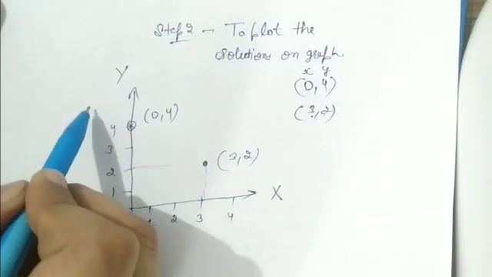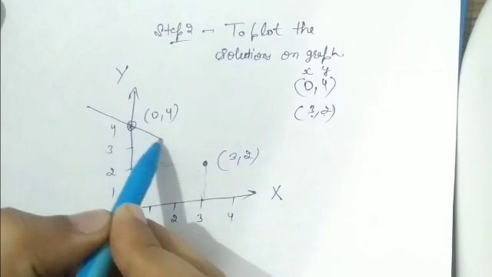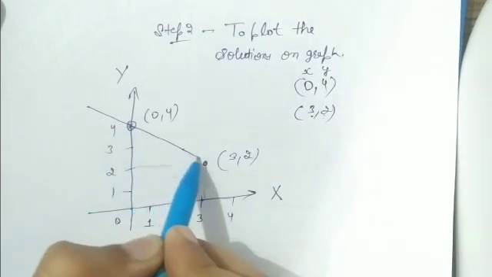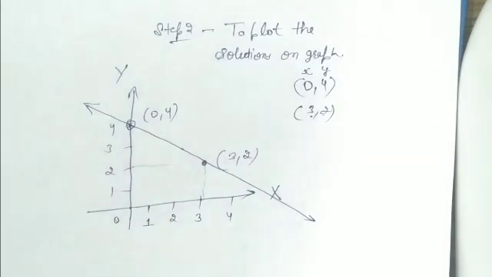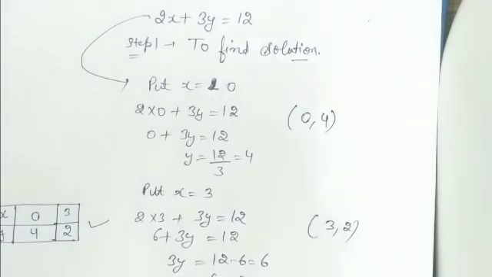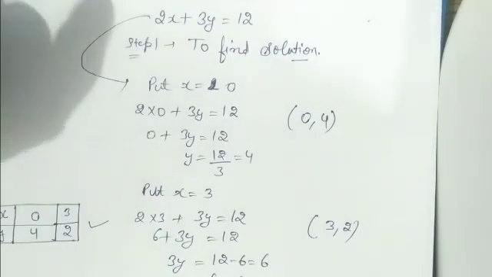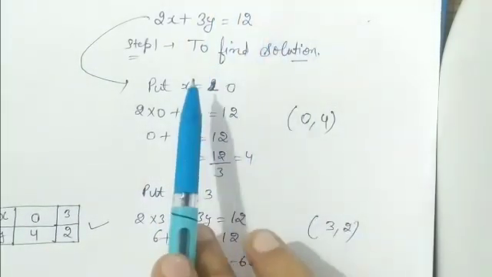After plotting the points, just join them with a scale. You have to join it with a scale. I am joining using my hand only, but you have to draw it properly with the scale. This is the method to draw the graph of a linear equation. Let's revise it again. The first step was to find the solutions of the equation.